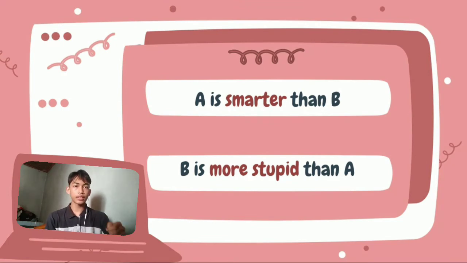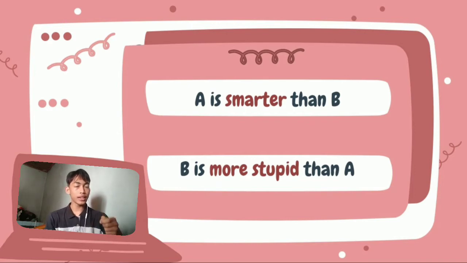Notice that the sentence contains an adjective, smart. The word smart has one syllable, so it is necessary to add ER.